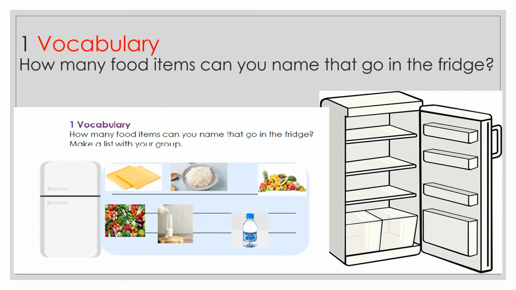In each group, we are going to name and make a list how many items can go in the fridge. I have chosen some examples for you.